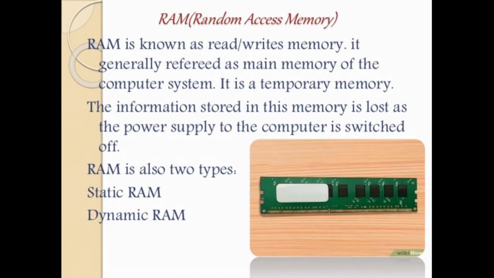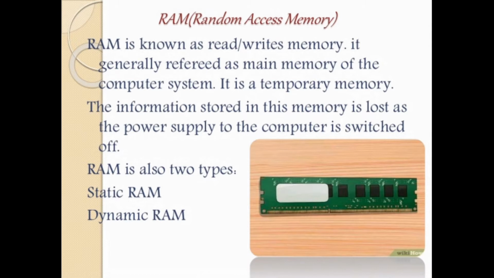When the computer is on, the CPU accesses the data from RAM. As the computer is shut down, the data and instructions stored on RAM disappear. This kind of temporary memory, which loses its data after the computer is shut down, is also known as volatile memory.